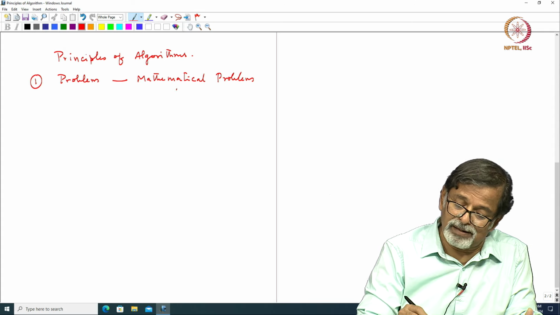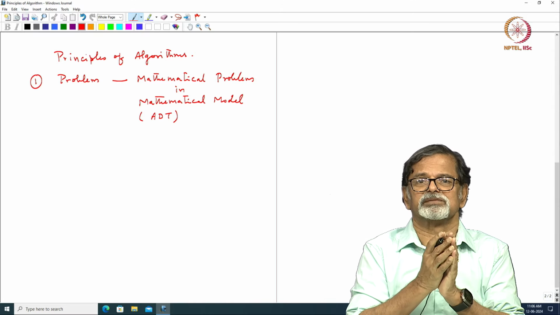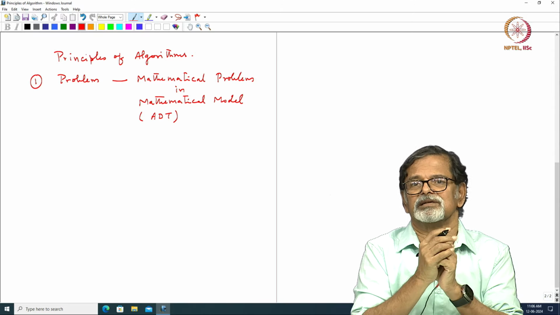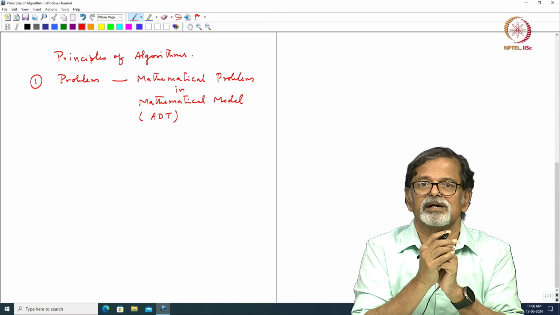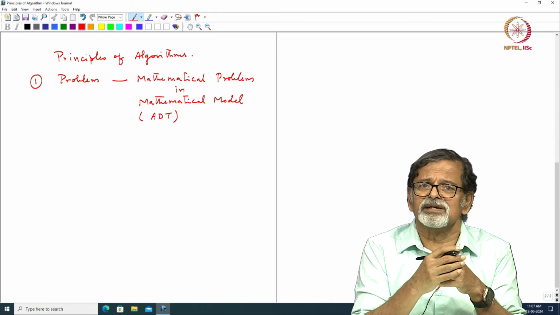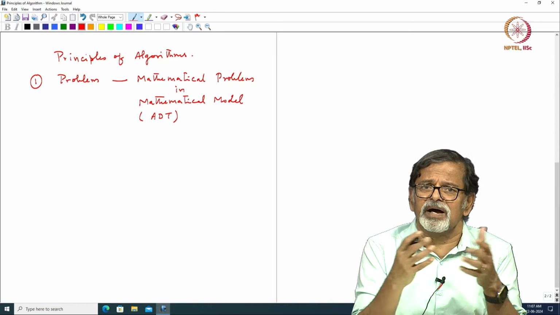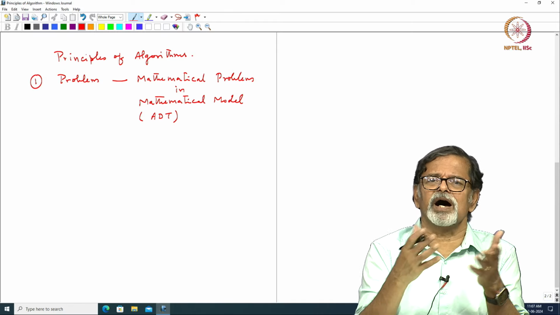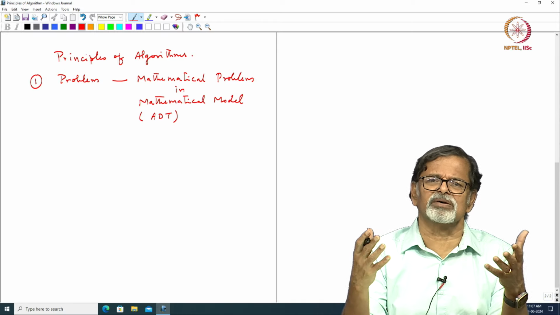You can call it algebraic system or abstract data type. So there is a framework in which a mathematical problem is posed. It is formulated, and in mathematics the problems are formulated and stated in a variety of ways. In math we may even ask questions like, does there exist a solution? Is the solution unique? Is it bounded? What are the limits for the values, upper bound, lower bound, and so on.